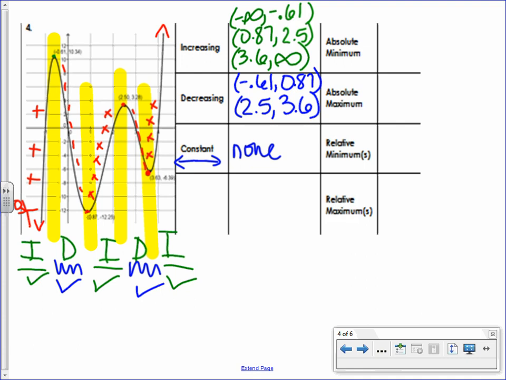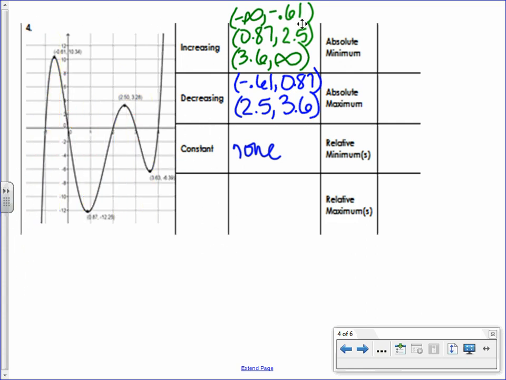All right, let's talk about maximums and minimums. Let me get all of this out of the way. Let's start fresh. If we're talking about maximums and minimums, first of all, I have to look at the ends of this graph. I know this graph is going down forever, and then going up forever.